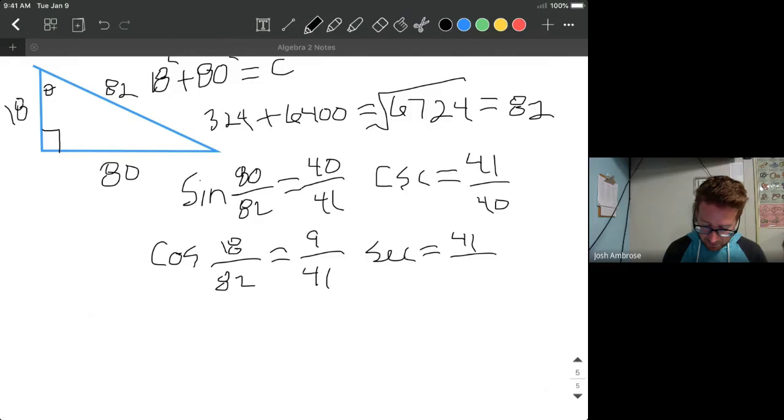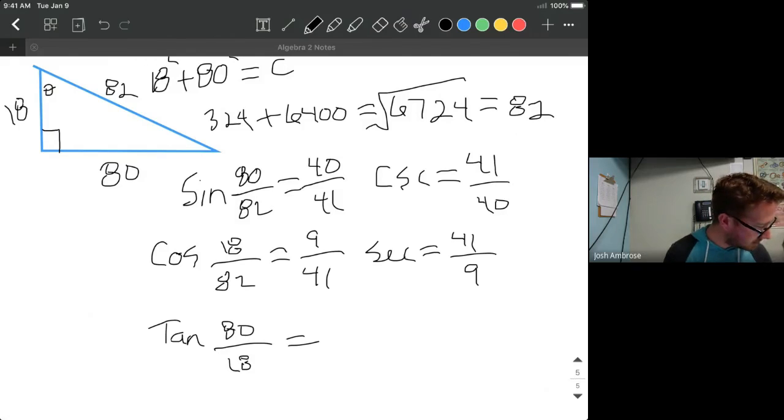Now 41 over 9 is the secant, and tangent is opposite, 80, over adjacent, which is 18, and reduce 80 over 18.